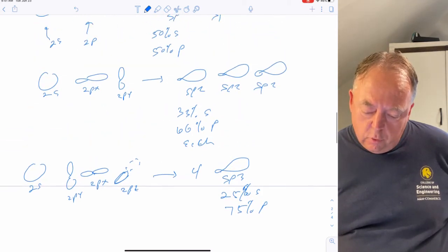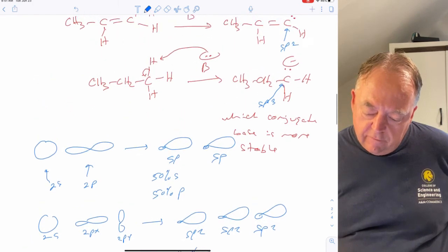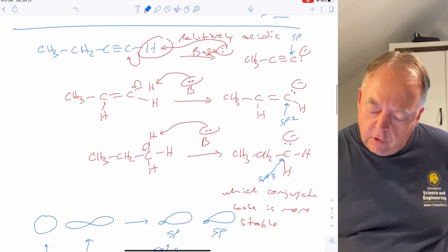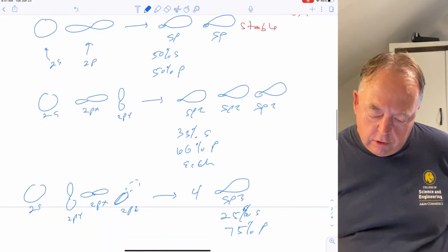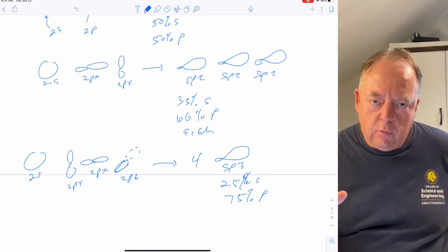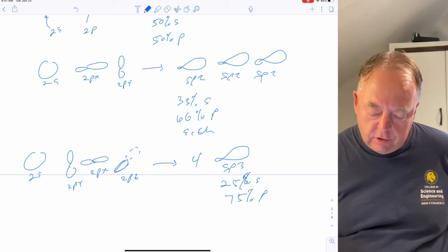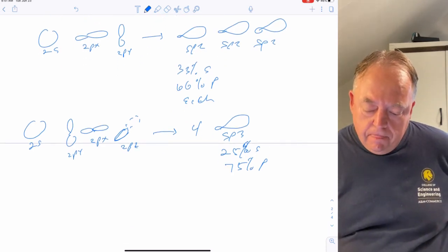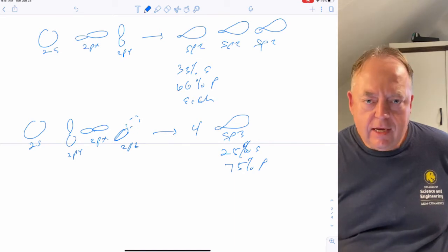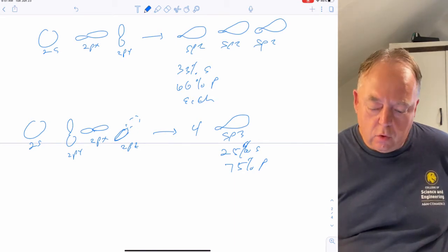So the basic point being, you have a lone pair of electrons on each of these hybridized carbons, sp, sp2, or sp3. Where would that lone pair rather be? Would it rather be in an orbital that has more s character or more p character? If you remember from General Chemistry 1, electrons are more stable in s orbitals than p orbitals.